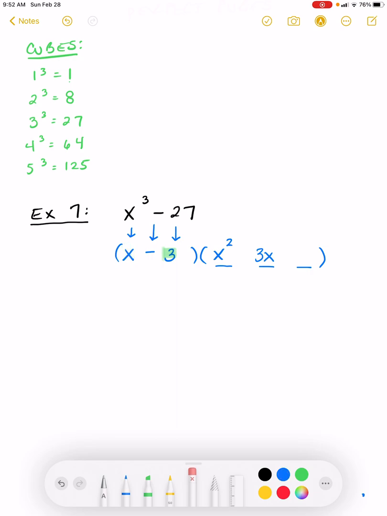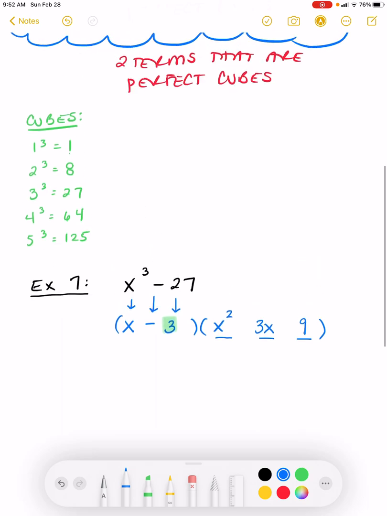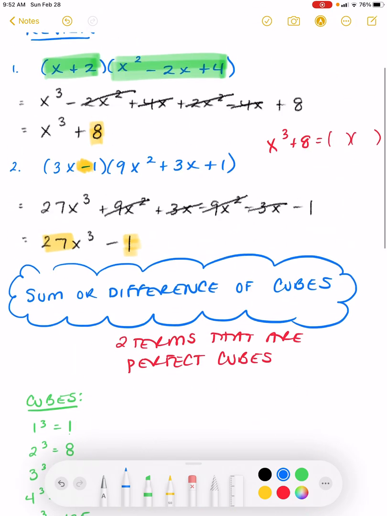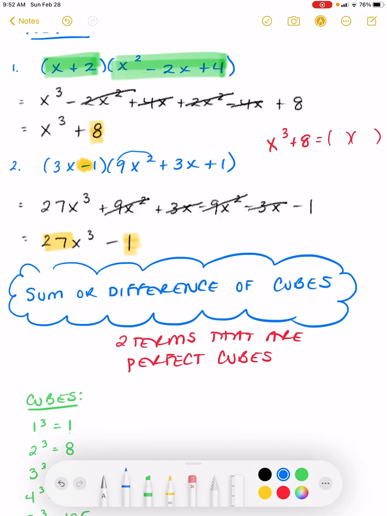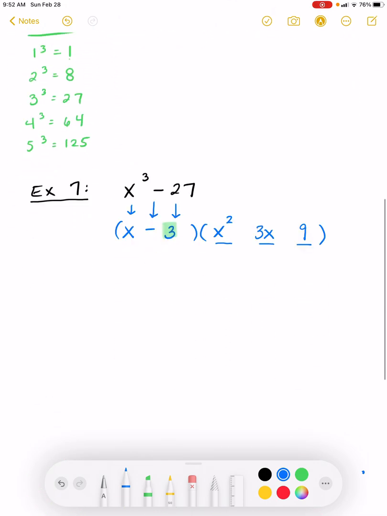And then finally, this last term is going to be the last root squared. And you can look up at the problems we did, and that happened on both of these. That this trinomial was the first root squared, you multiply them in the middle, and it was the last root squared. So that was happening before.